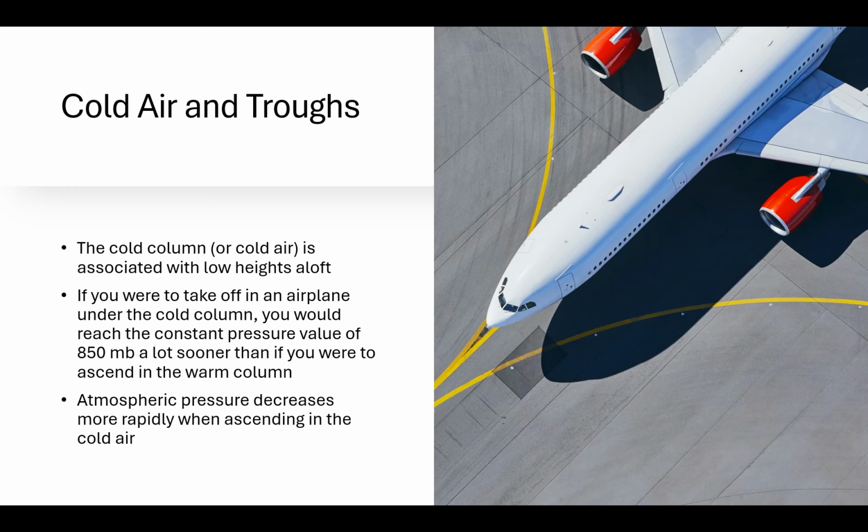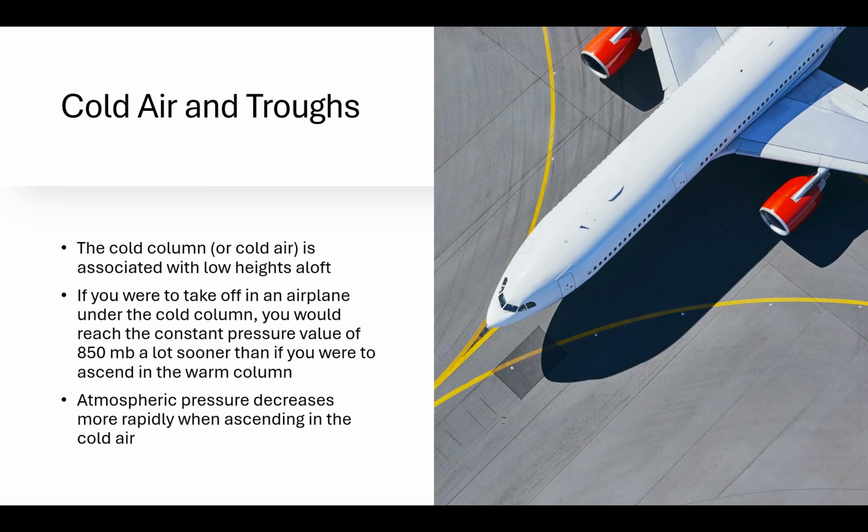So cold air, a cold column, is associated with low heights aloft. That is because we have colder temperatures throughout a vertical column of air, which means those thicknesses or heights are going to be much more compact. You're going to have lower values of those heights with colder air.